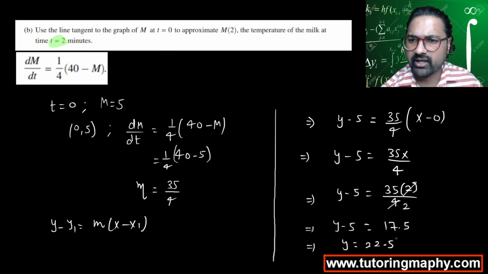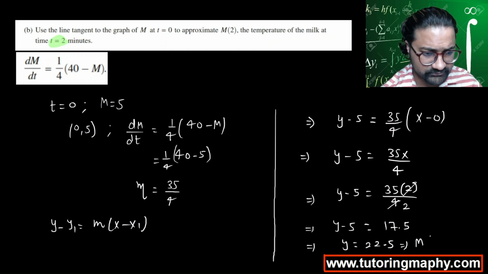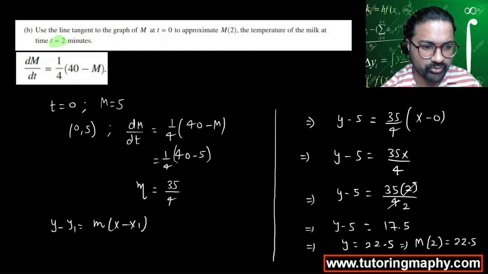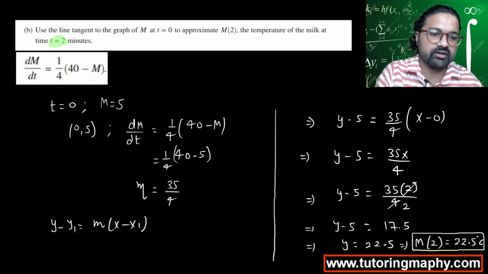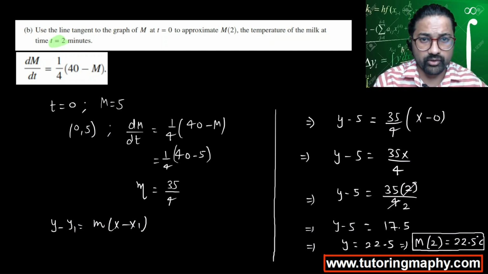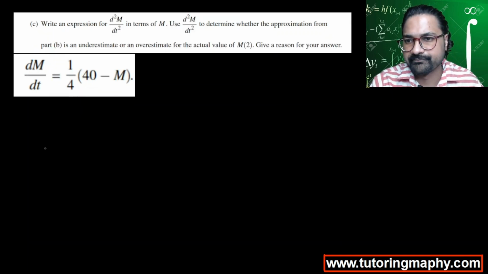And what is y? y is after all nothing but m, so this means that the value of m of 2, that is the temperature of the milk at 2 minutes, is actually equal to 22.5 degrees Celsius. Units are important, so degrees Celsius, that is our final answer for part B of this question. I hope it makes sense. Let's move ahead and try the next part.